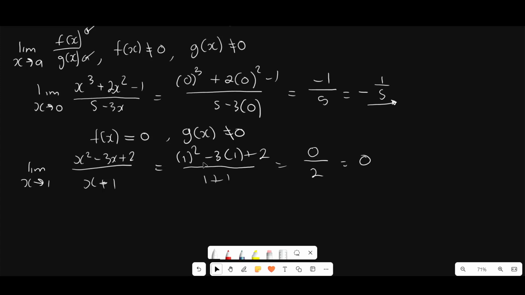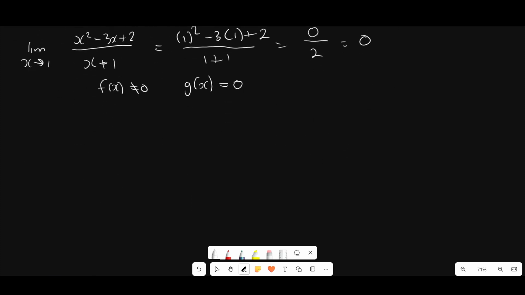And then the other case will be when f(x) is not equal to 0, but g(x) is equal to 0. So what happens then? Let's see. Let's say you have the limit as x approaches 1 of the same function on top, x squared minus 3x plus 2, and then here we're going to change the denominator to x minus 1.